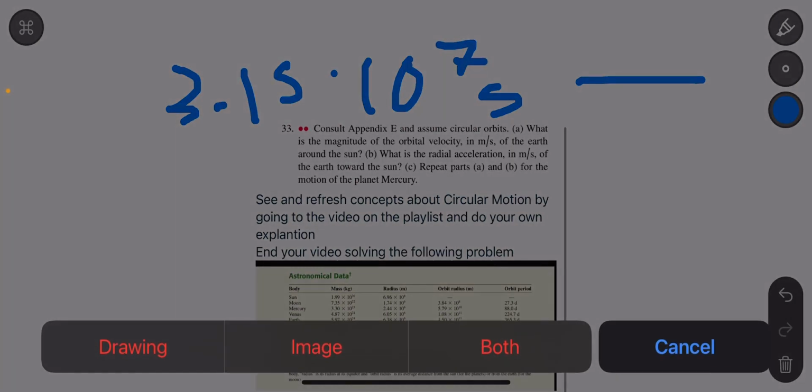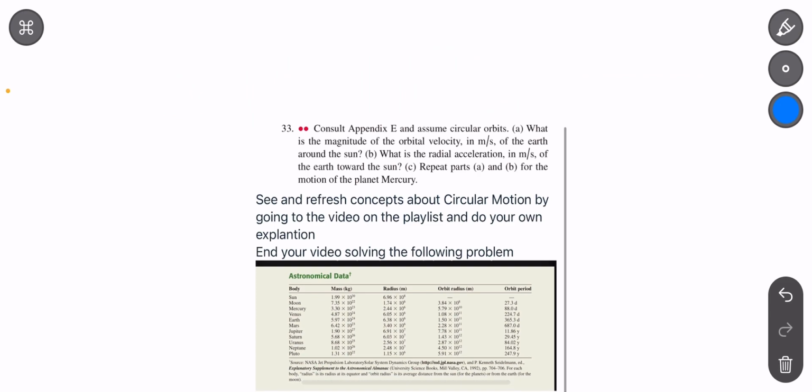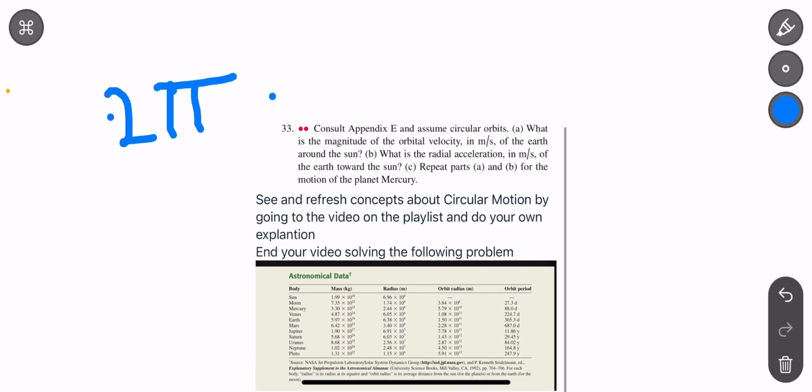Now we have to find the total distance. It does give us the orbit radius in meters, however, we need to do 2 pi times the orbit radius to find the total meters they went around.